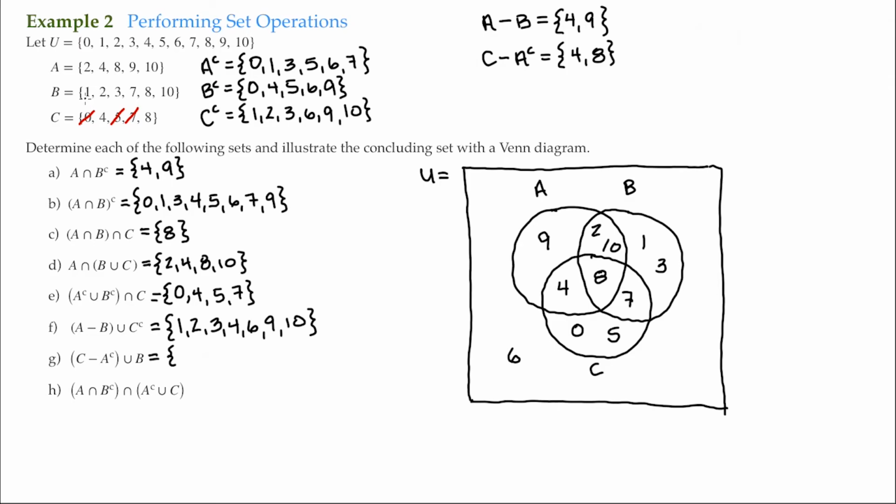I'm going to take that and union that with set B. So B, I have 1, 2, 3, 4, 7, 8, and 10. So that'll be 1, 2, 3, 4, 7, 8, and 10.